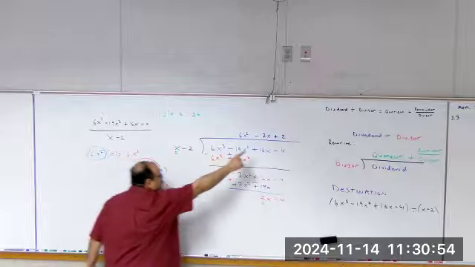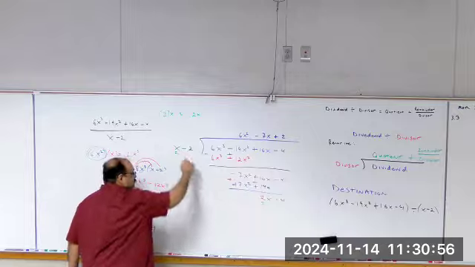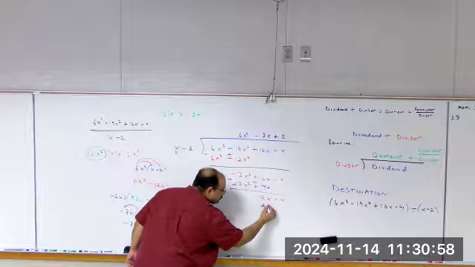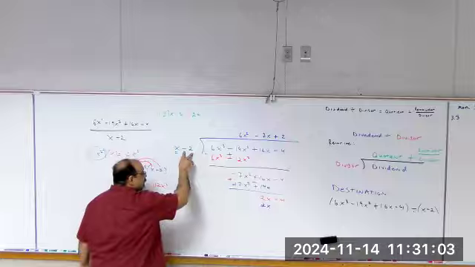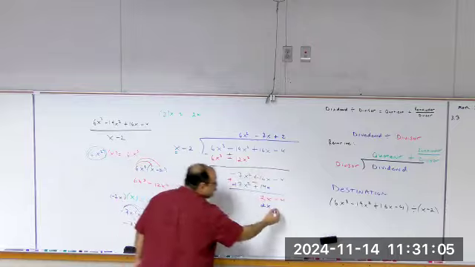So this 2 times an x gives me a 2x. Make sure you take care of your sign. Positive 2, that's a negative 2. 2 times that's a negative 4.